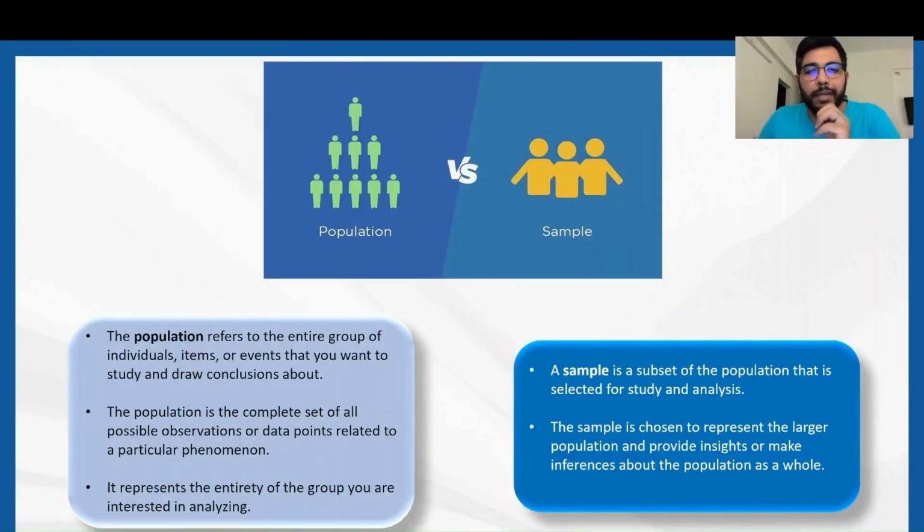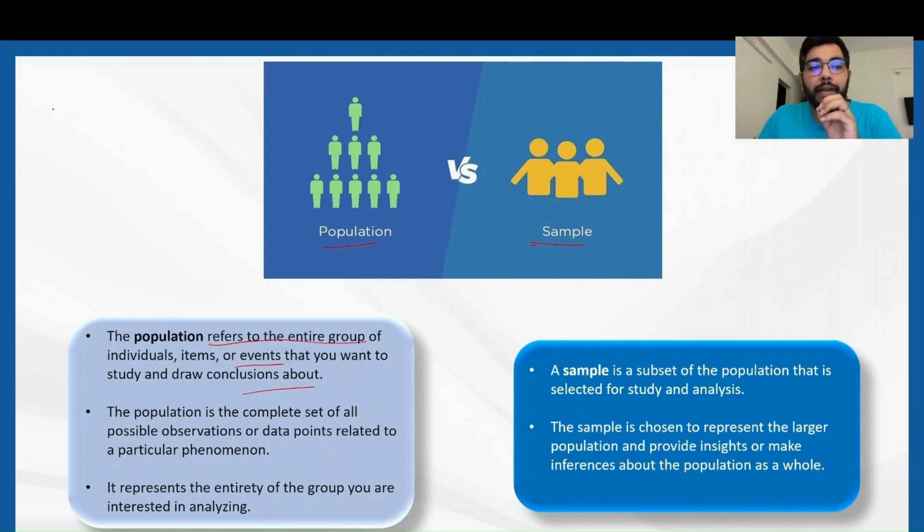Coming to the difference between a population and a sample. Population refers to the entire group of individuals, items or events that you want to study or draw conclusions or inferences about.